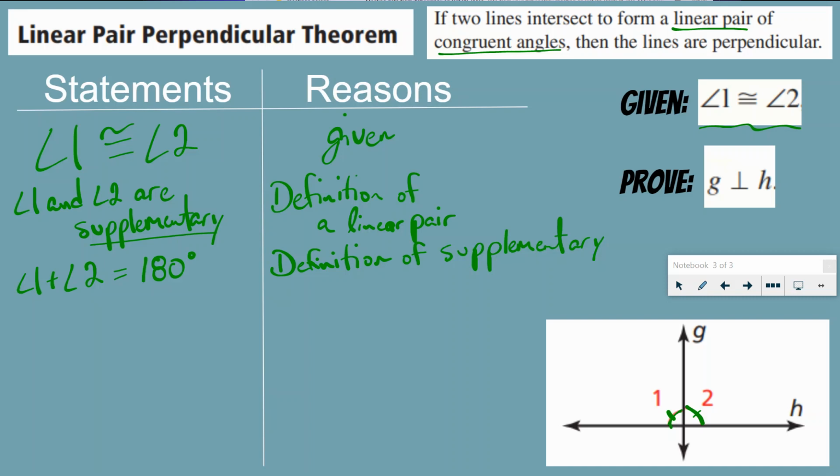And now I can use substitution to show that both of these are actually the exact same angle. I know that angle 1 is congruent to angle 2, so I can actually substitute in two different ways. I'm going to say that angle 1 plus another angle 1 adds up to 180. I'm substituting in that angle 1 for that angle 2. So that is substitution.